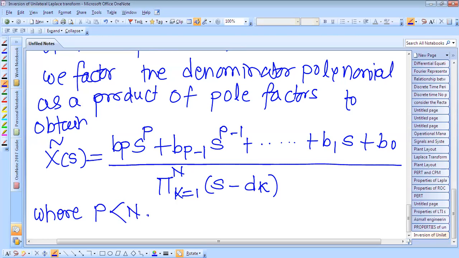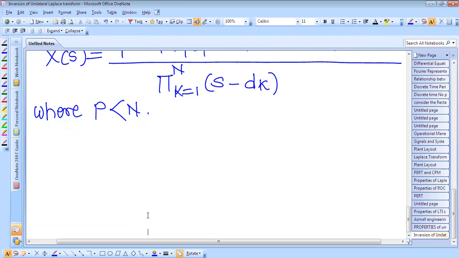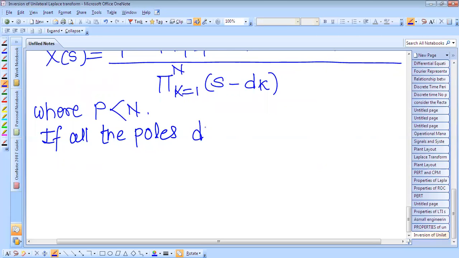If all the poles d_k are distinct, then we can use the partial fraction expansion.